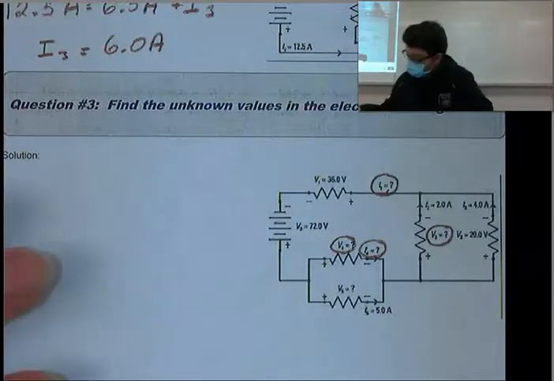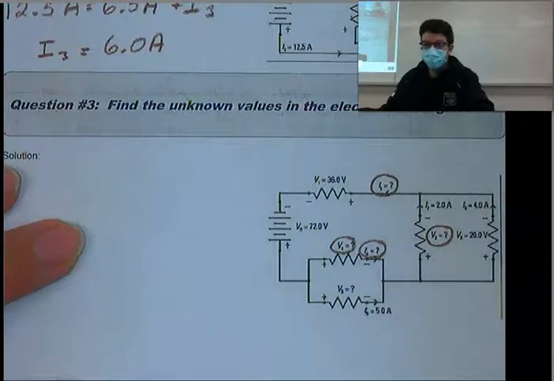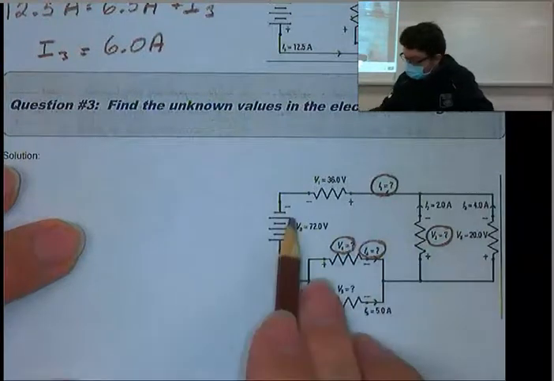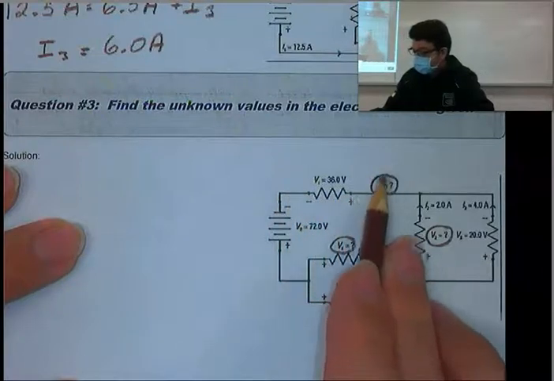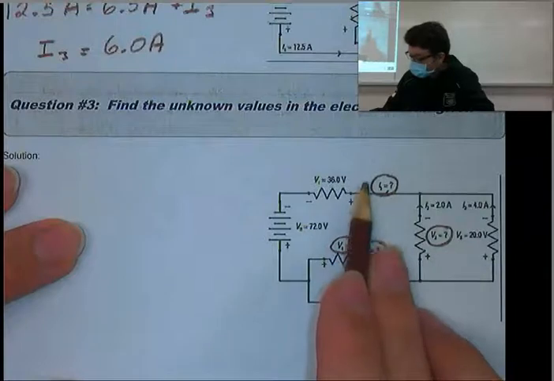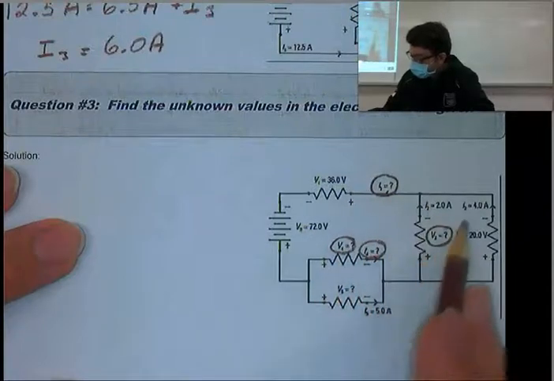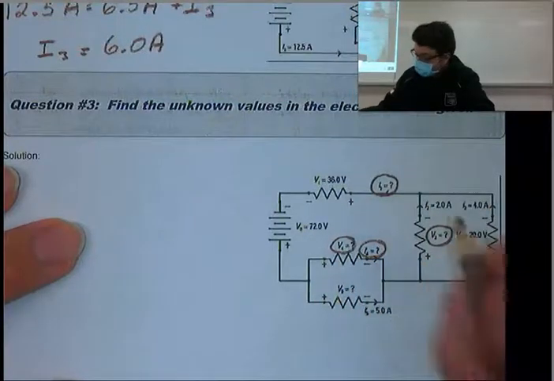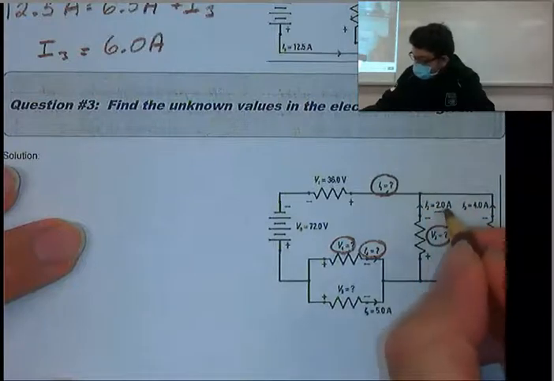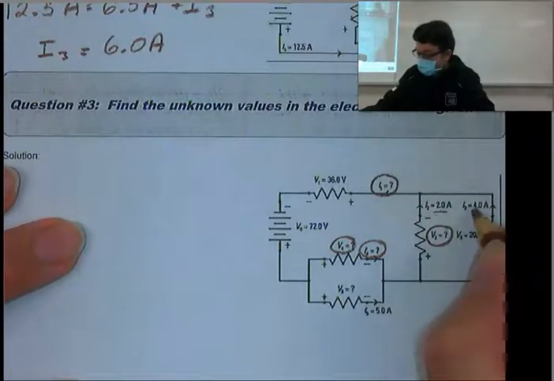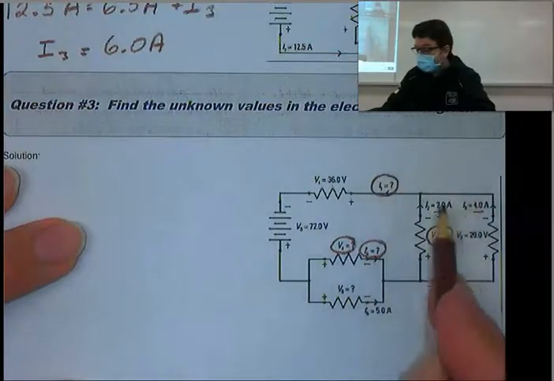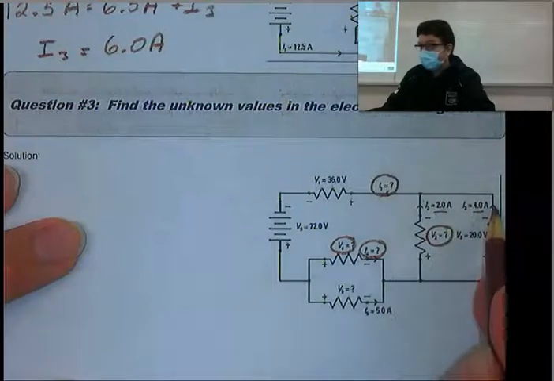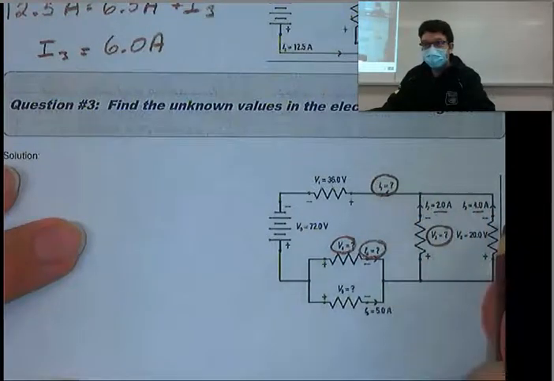All right. Let's follow the current first. Let's follow the river. So if we follow this river, all the current is going through here. So this has all the current, and then that current splits into this and this. This side has 2 amps, and this side has 4 amps. So if something split into 2 and 4, then what split into it must be the sum of 2 and 4.